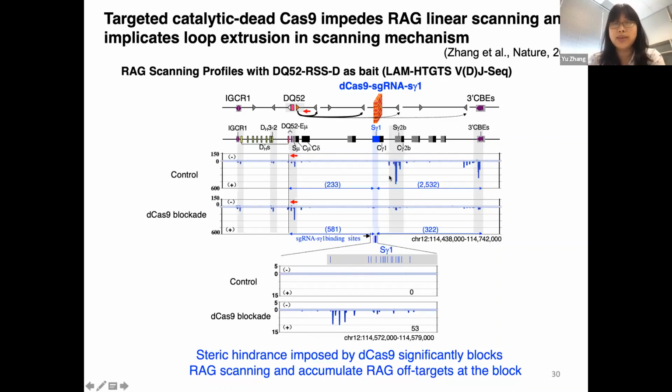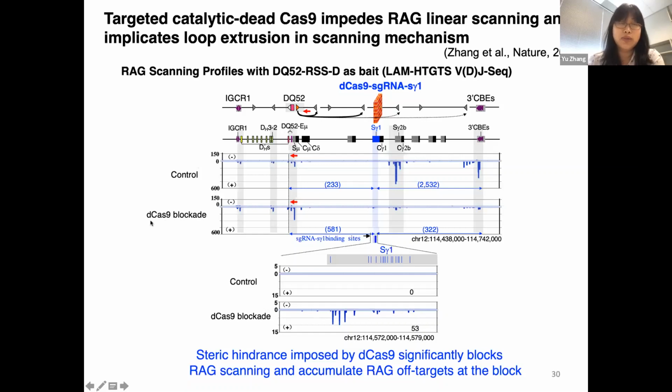What we can see here is that in the control, there is strong downstream scanning activity and an accumulation of RAG activity at the 3' CBEs and the S-gamma-2b region.